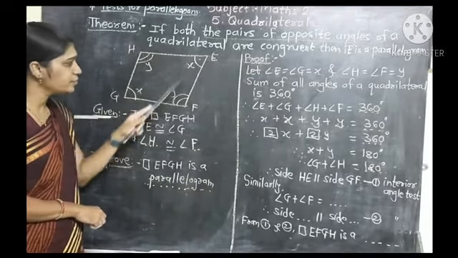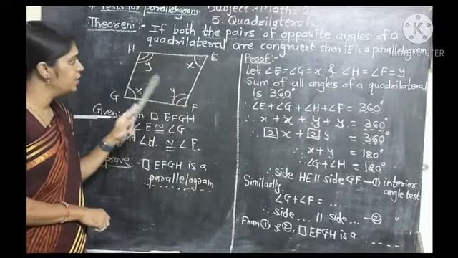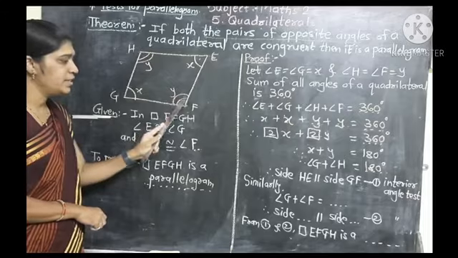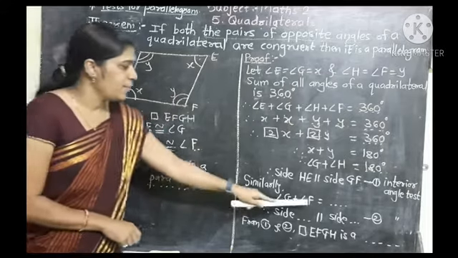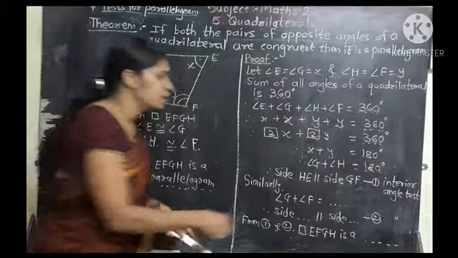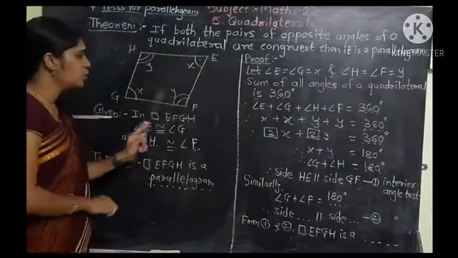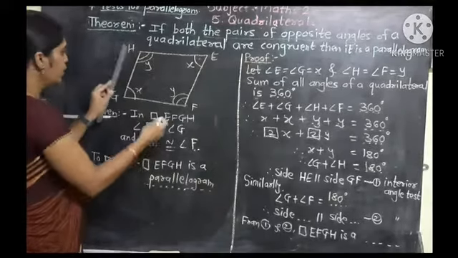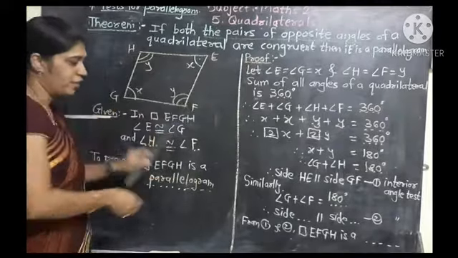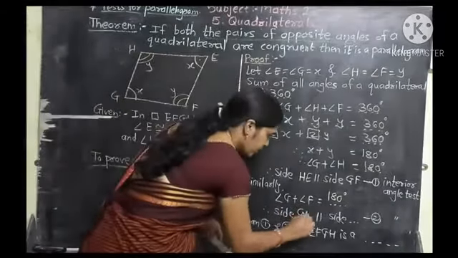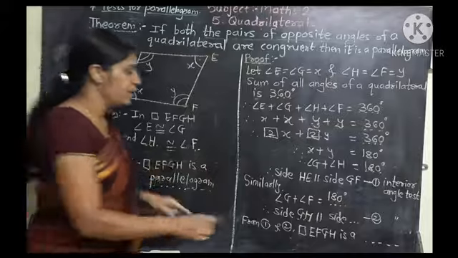If the sum of the interior angles is 180, then the lines are parallel. Similarly here, angle G plus angle F is also equal to 180 degrees. This sum is 180 degrees. Therefore GH is parallel to EF. Therefore side GH is parallel to side EF.